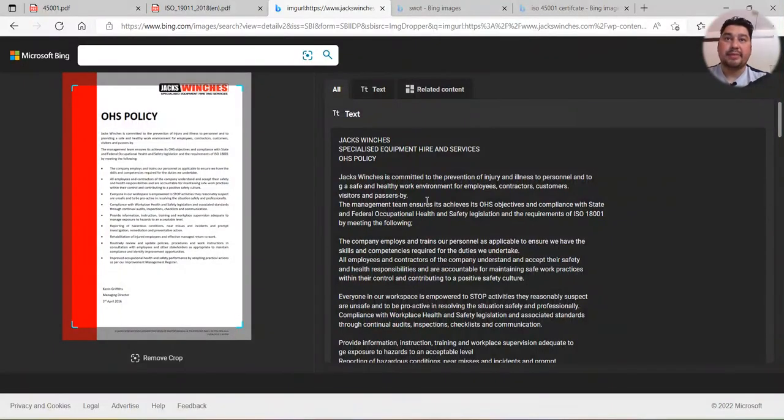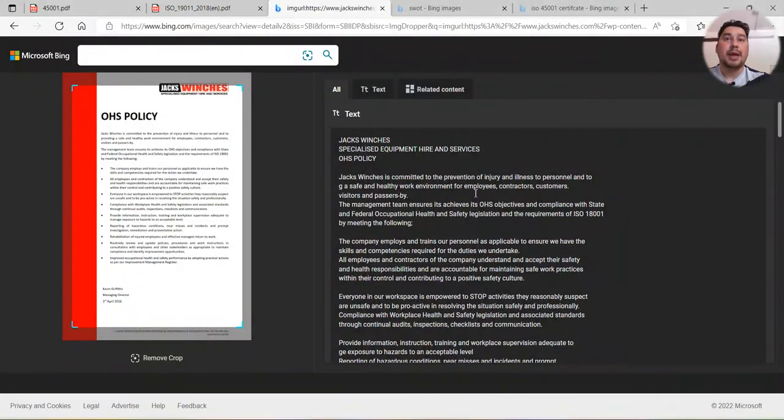Okay, it is saying a safe and healthy environment for employees. So the company is committed to the prevention of injury and illness. So it is one of the requirements. And a healthy work environment for employees, contractors, customers, visitors, and passers-by. So it has included the interested parties also. Who are the interested parties? External bodies also.